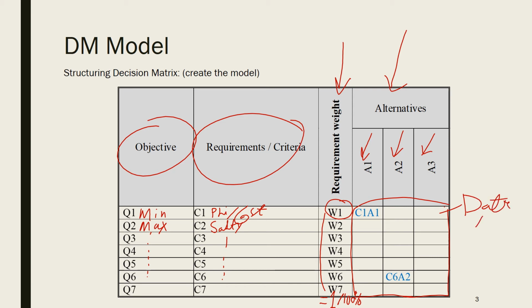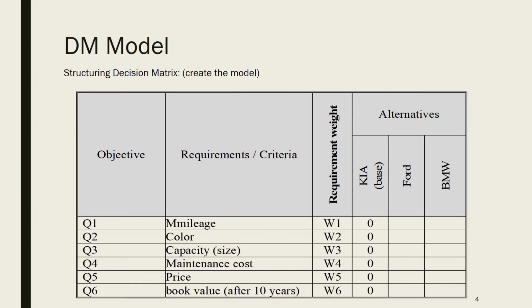Then we will replace this with an equivalent score for each cell, and based on that we will calculate the total score for each requirement. So for our car example, we can just put the objectives with the requirements. As you can see here, we will talk about the requirement weights in another video, and here you can see that we listed the alternatives, the Kia, Ford, and BMW.